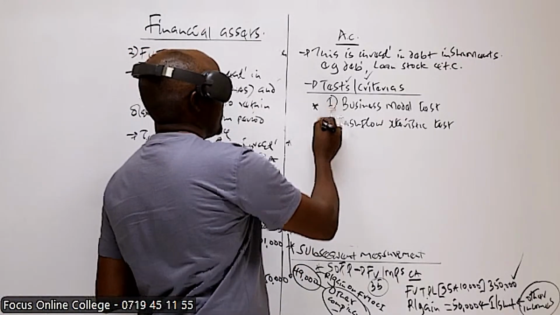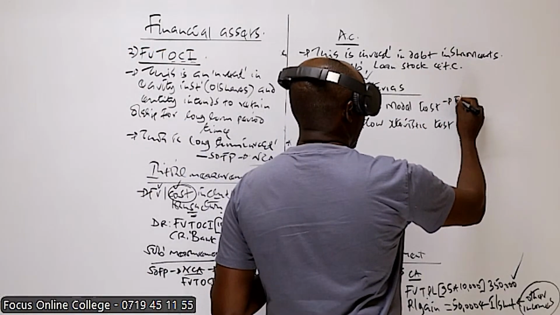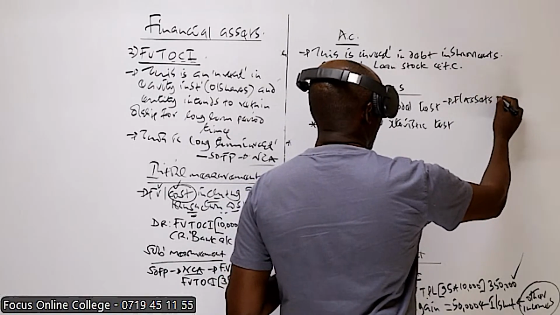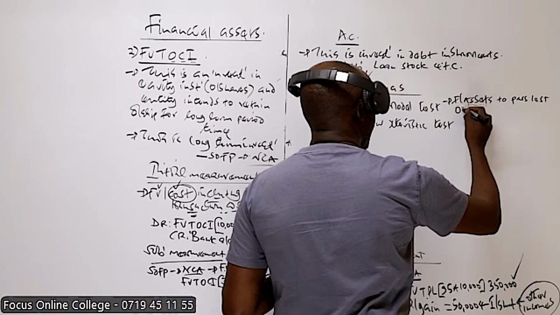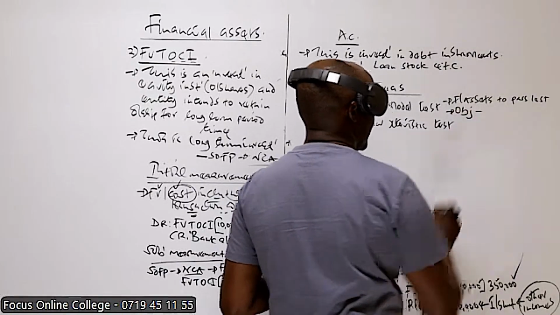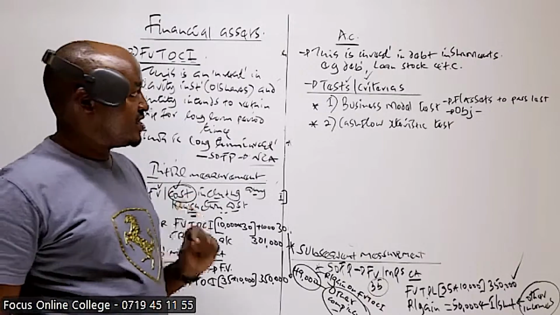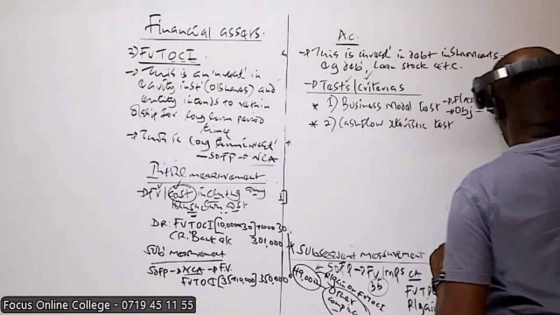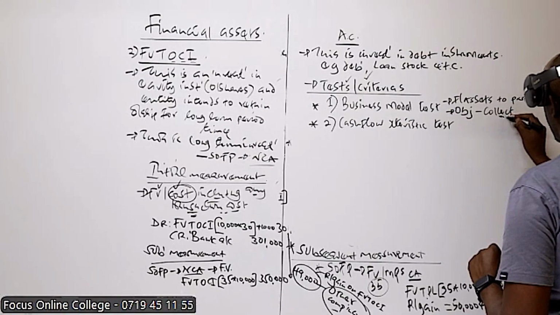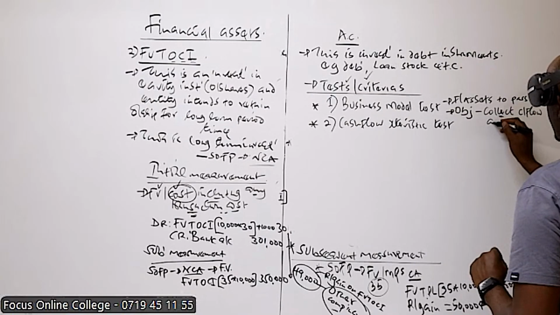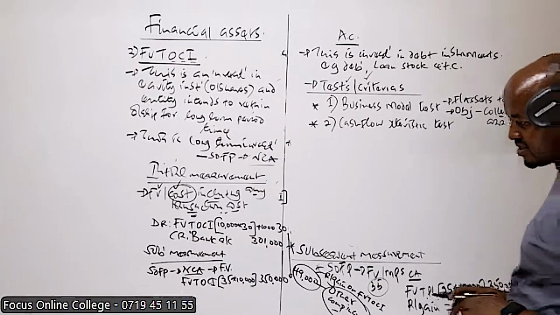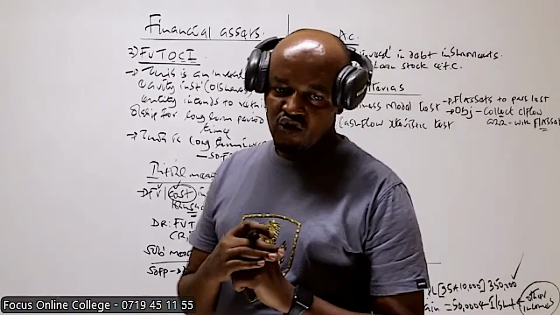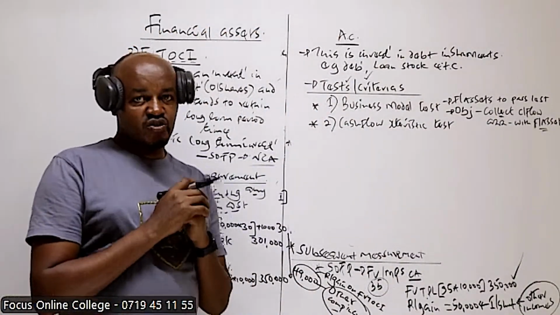For any financial asset to pass this test, the objective of the company in making that investment should be to collect the cash flows associated with the financial asset, that is, the investment in such a debt instrument.